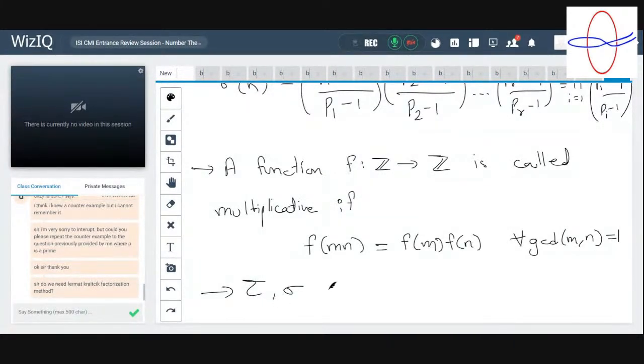Your functions tau and sigma are multiplicative. So this is a property you can use to find these easily in some situations.